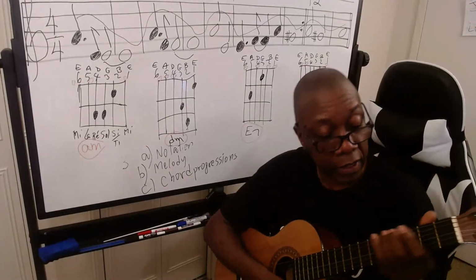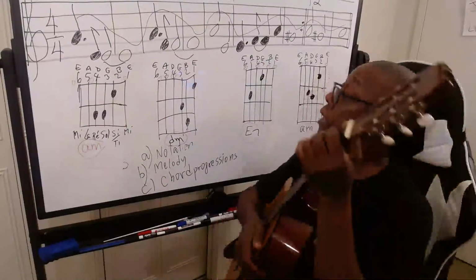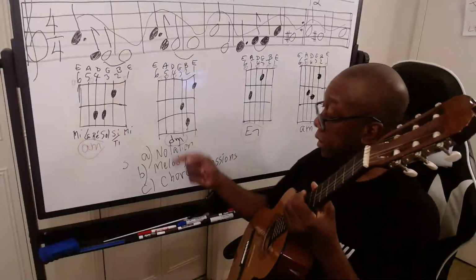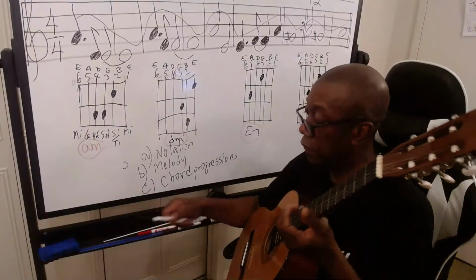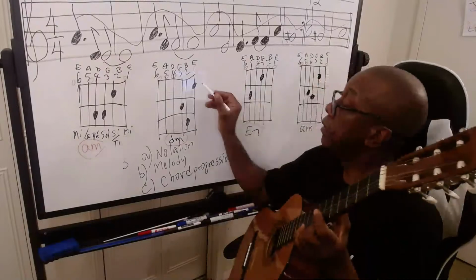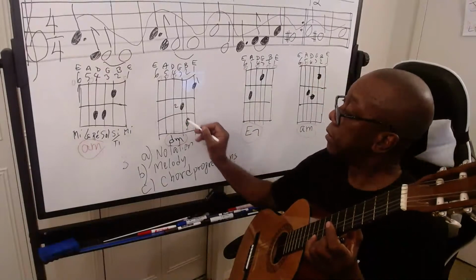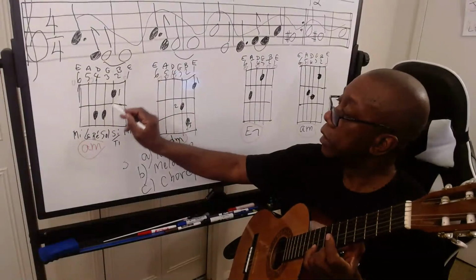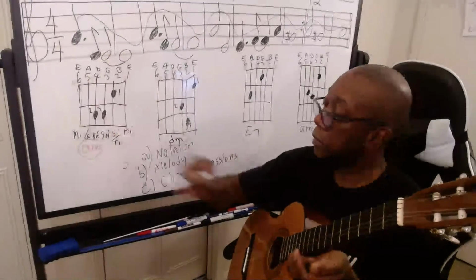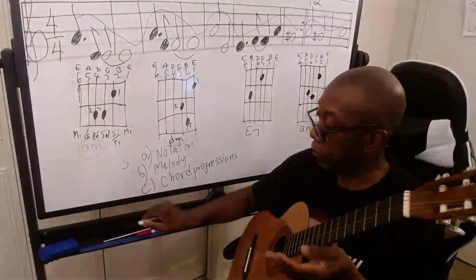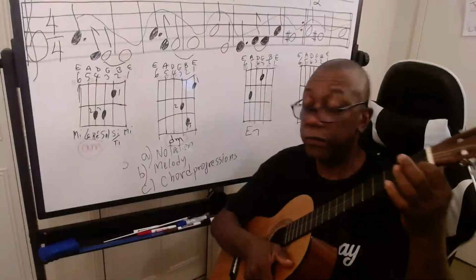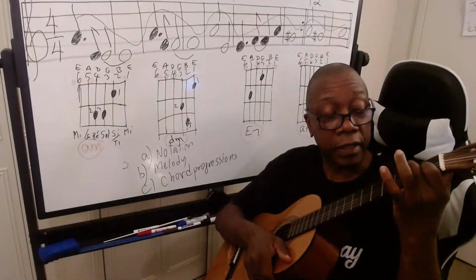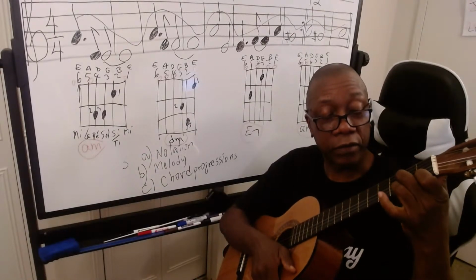If you go into my guitar, let's see it. Okay, now D minor we have three fingers. Three fingers. One, two, three. Okay. The next one, we have the first fret, the second fret, and the third fret.